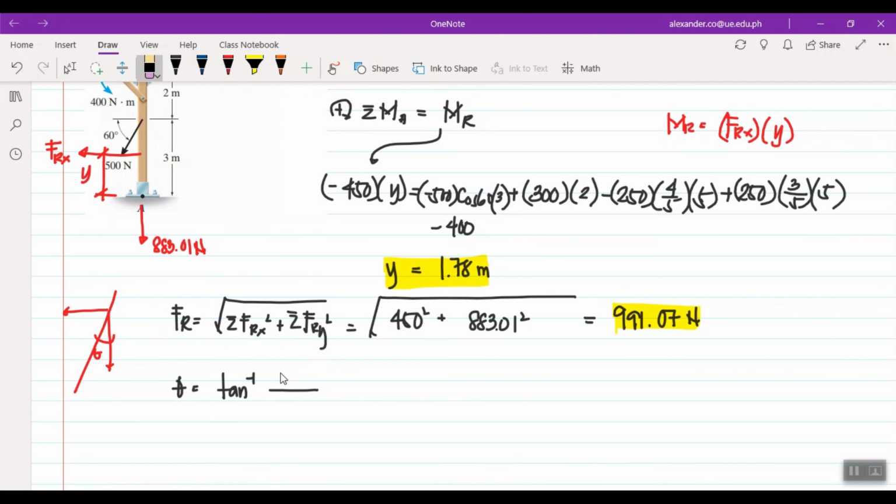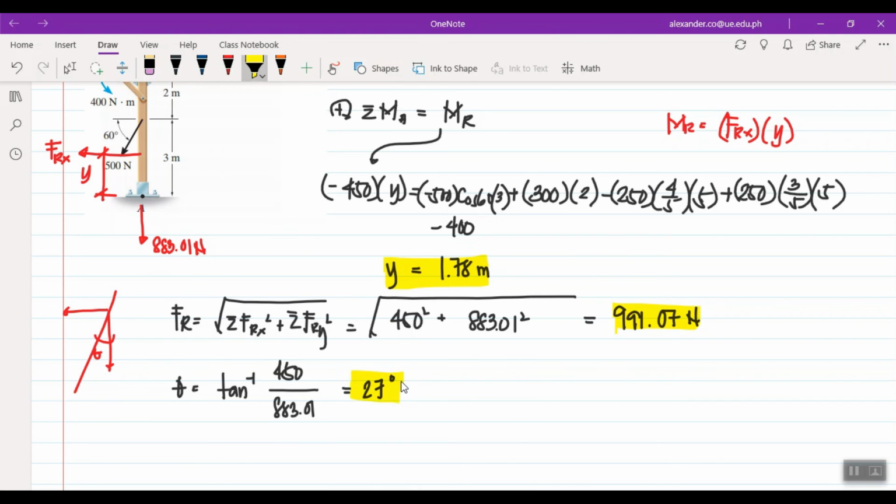So, it's 450 divided by 883.01. Bilisan lang natin pag-compute. The answer is 27 degrees with respect to this axis, no? So, yan.